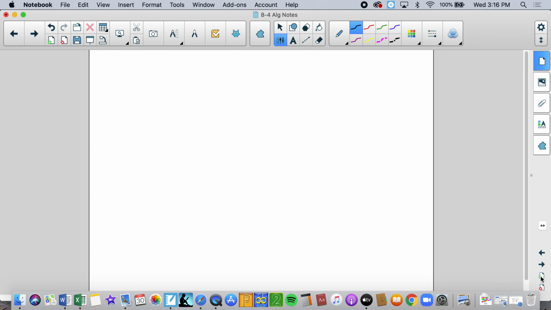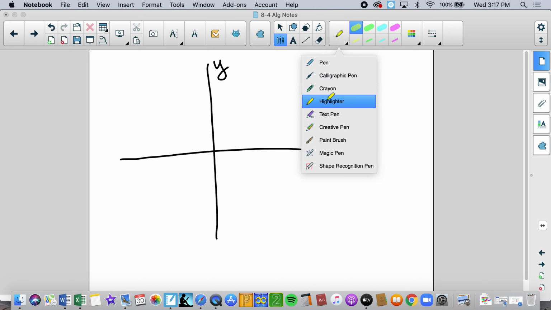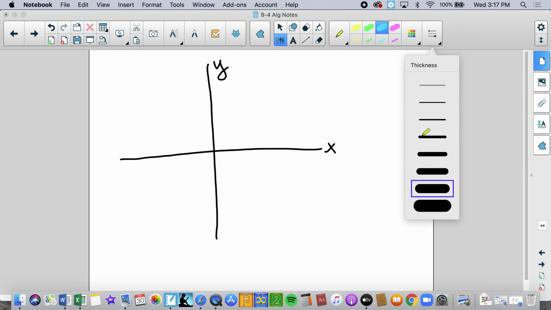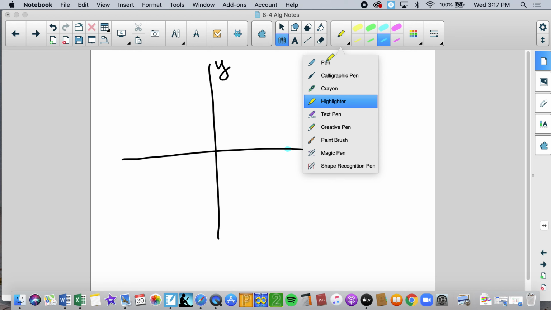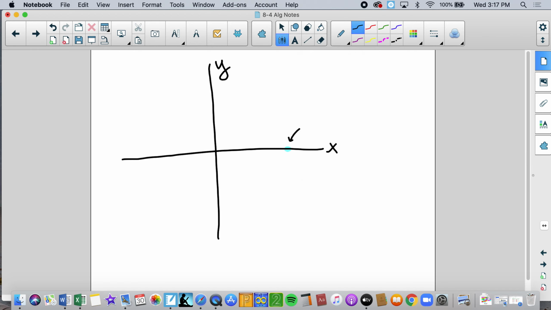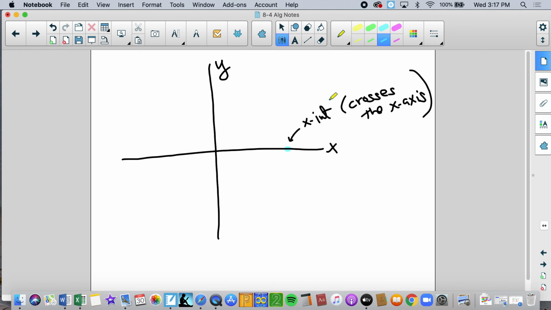So let's also explain what intercepts are. We talked about this a little bit. So x-axis, y-axis, and an intercept is where it crosses the axis. If we're talking about the x-intercept, it's where it intercepts the x-axis. So let's make a line here.